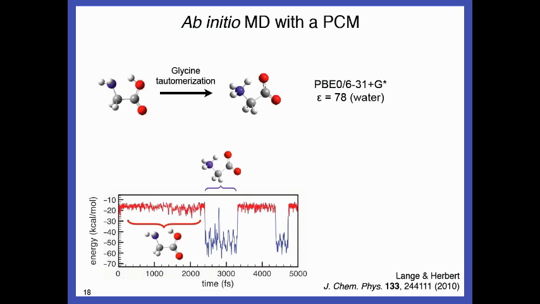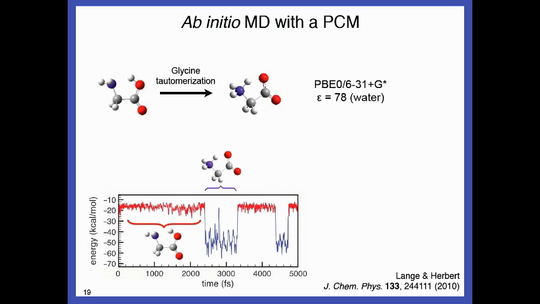Okay, and these are just some more data. I should go through this quickly, showing you that if I look at the energy as a function of MD step, I can see this tautomerization reaction happen. The red energy data correspond to one tautomer, and then after about 2,500 femtoseconds, the proton spontaneously transfers, and I get the blue data.